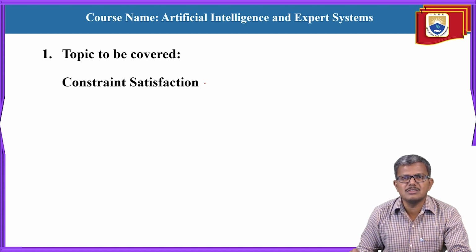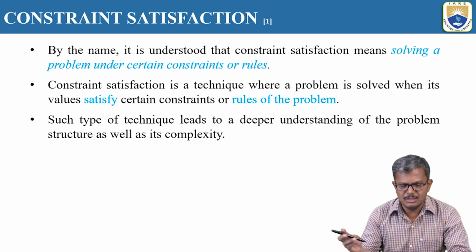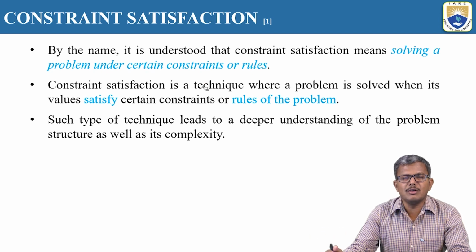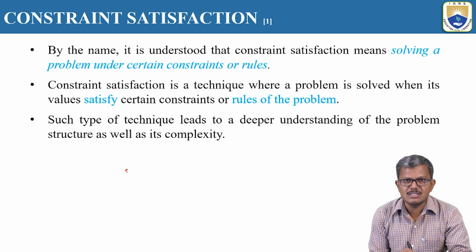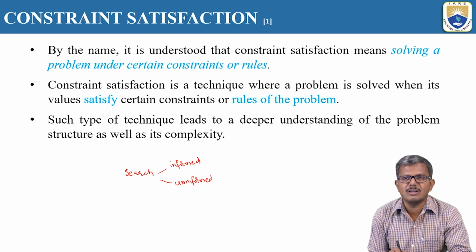I just discussed how we have solved other kinds of problems. For example, in a search problem, whether we used an informed search technique or an uninformed search technique, we came across different stages that clearly show how we transformed from the given state to the desired state, or from the initial state to the goal state.